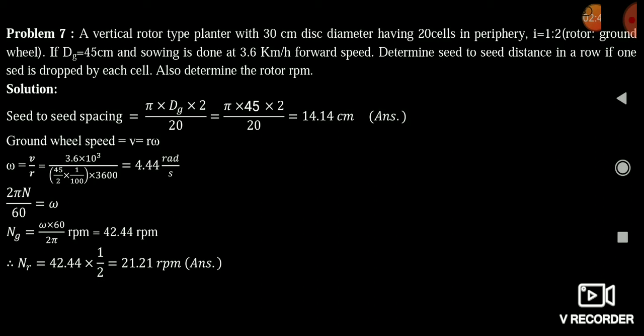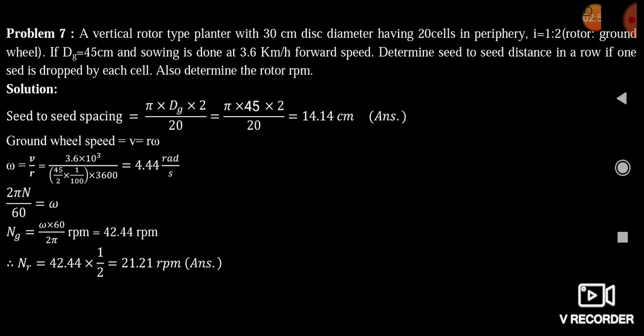Now friends, here the speed ratio is given 1:2. Means one time our rotor will rotate, then two times our ground wheel will rotate. So here the seed spacing we have to calculate. Friends, seed spacing we are doing on the ground.